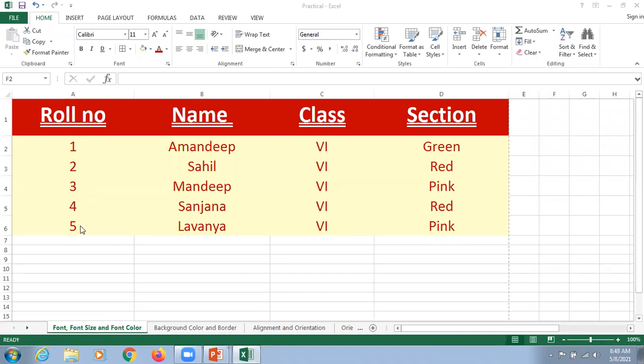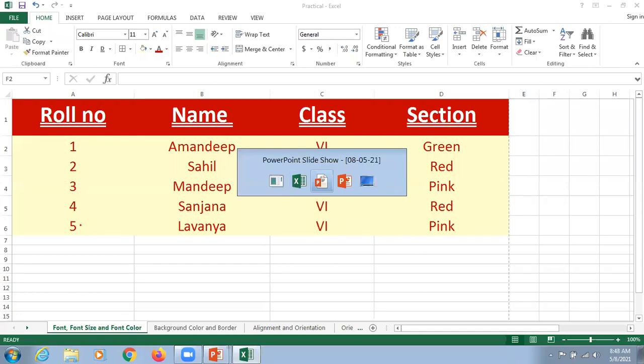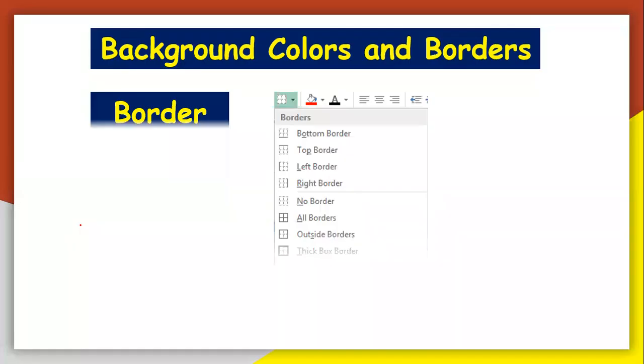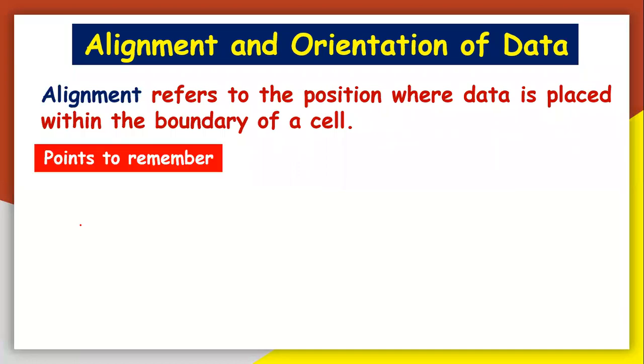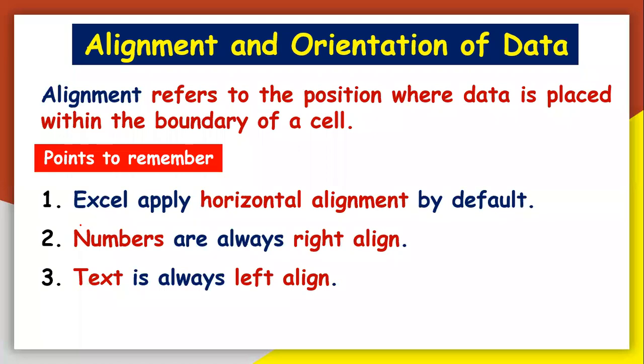Okay, my dear respected students, now we again move towards the PPT portion here, and it says, sir, alignment and orientation. Alignment refers to the position where data is placed within the boundaries of the cell. Excel applies horizontal alignment by default. Horizontal means मैं यहाँ एक line draw कर रहा हूँ.